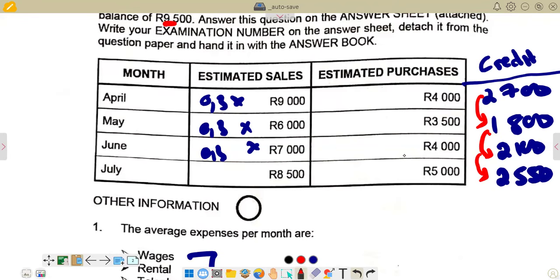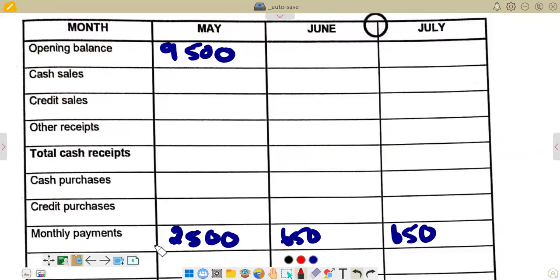So we go there and enter that on credit sales. The amount that we have for May is going to be 2,700, meaning these are the credit sales for April.